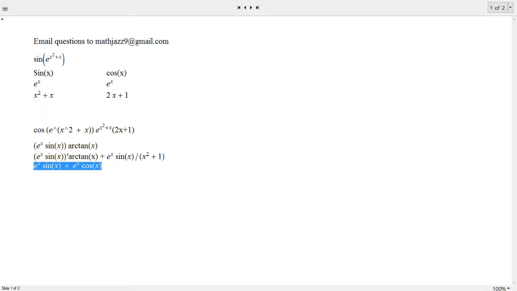And then we multiply this by arctangent of x. And we add, we're just going to copy paste this here. So this becomes the derivative of e to the x times sine x times arctangent of x.